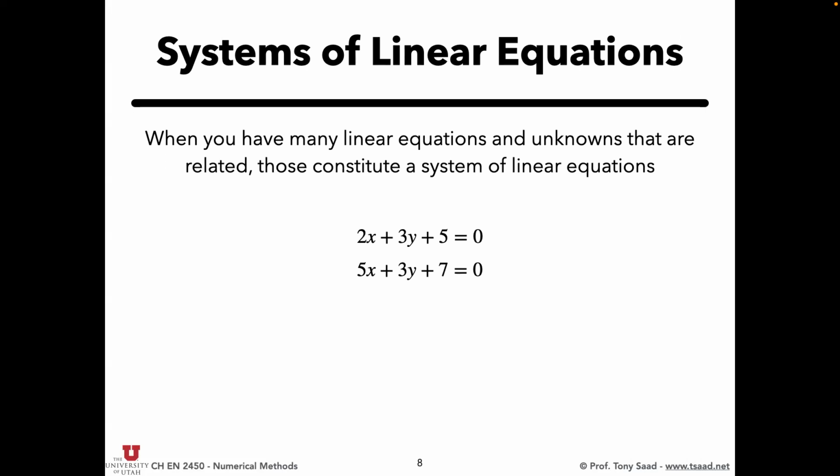For example, 2x plus 3y equals 5 and 5x plus 3y equals 7. If you remember your math, these are 2 equations and 2 unknowns, so they are well defined. We have enough information to solve for x and y. You can solve this by hand, but that's a system of linear equations. You could have 2 billion equations like that. It's still a system of linear equations.